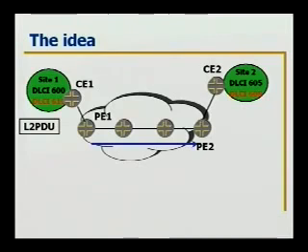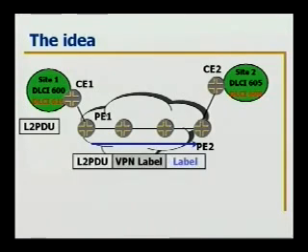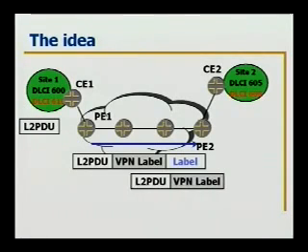And it's going to put the two label stack, just like in the layer 3 example that we've seen before. So we're going to put a black VPN label and put it on the LSP between PE1 and PE2. The packet is going to arrive at PE2. Based on the VPN label, the correct connection is going to be identified, and the packet is going to be forwarded again as an L2 PDU to the other side.